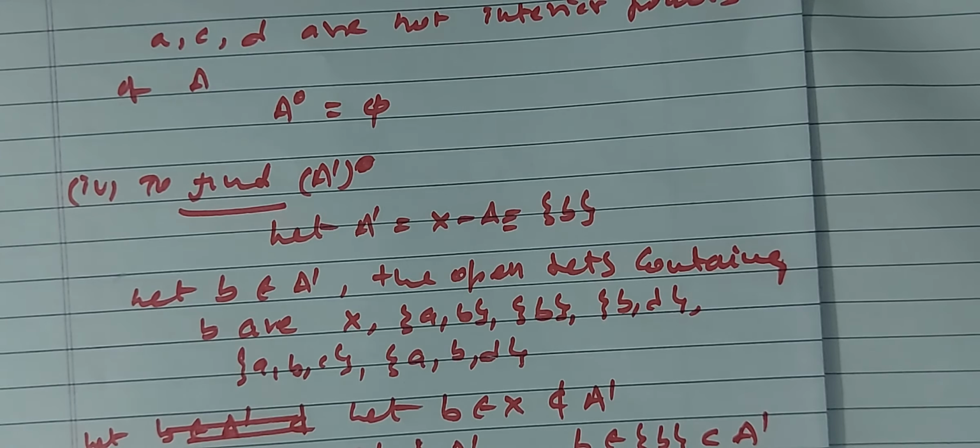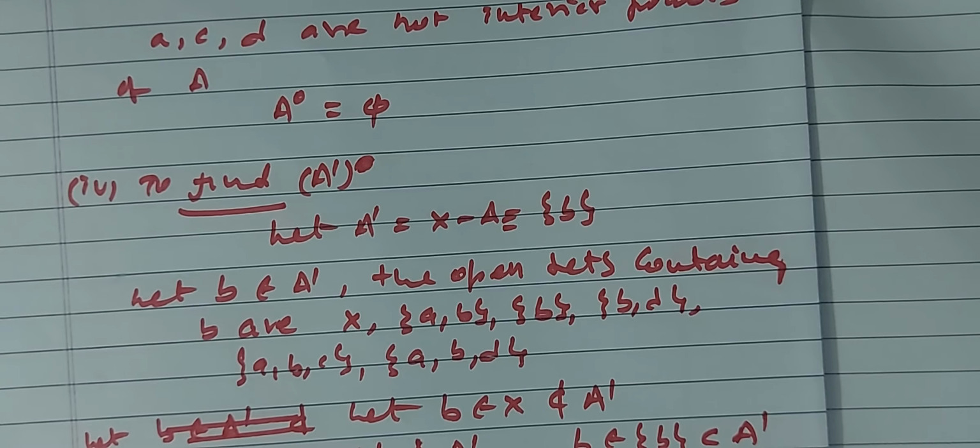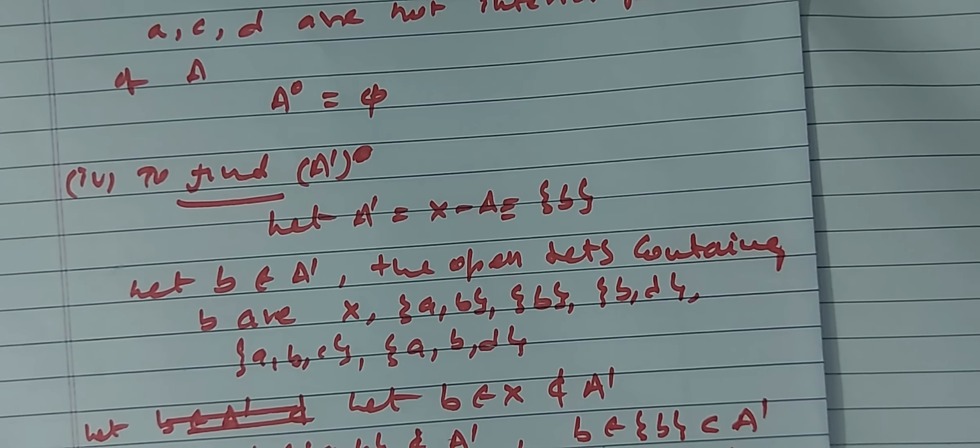So B is the interior point of A dash, because a subset is there, one of the elements. So B is the interior point of A dash, which means B is an exterior point of A, so that A dash whole power naught is equal to the set {B}.